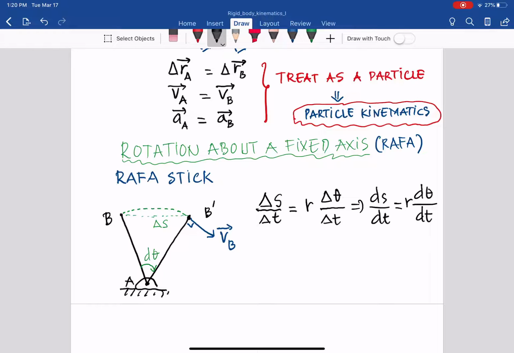And let me set d theta over dt, the change in the angle in a unit of time, we call that omega. And this is the equation we box.